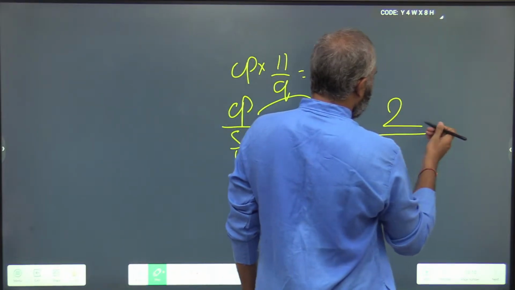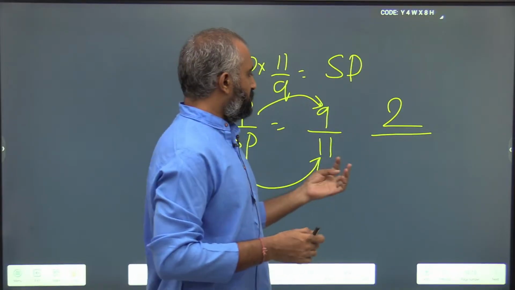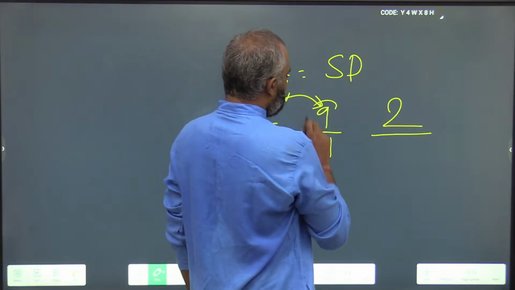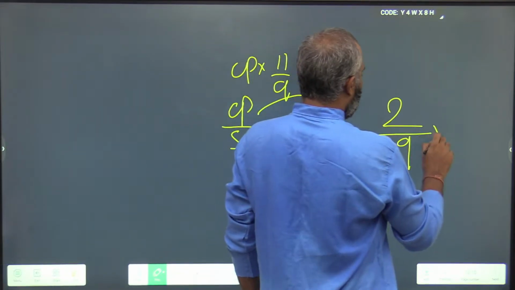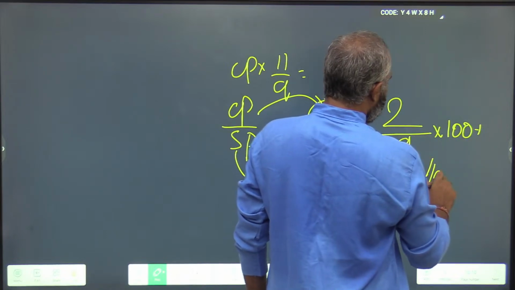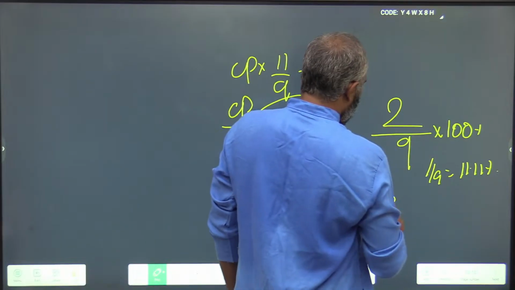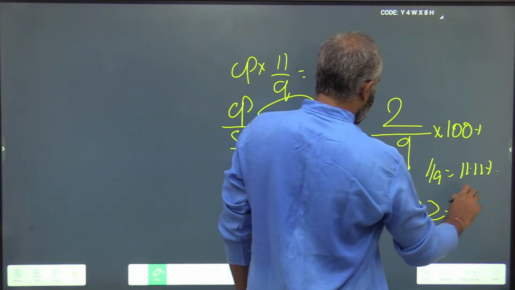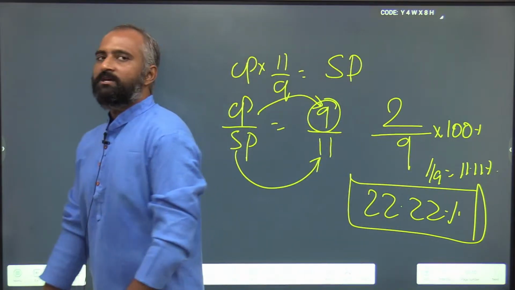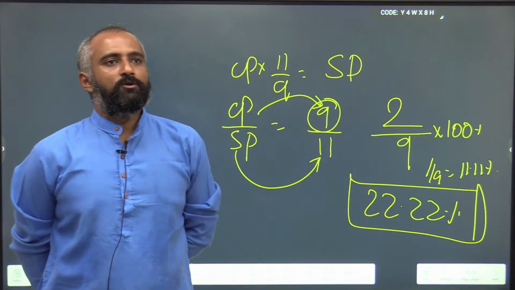You need to calculate the profit percentage here. It is 2 by how much? Cost price is 9. So 2 by 9 into 100%. We all know 1 by 9 is 11.11%. So 2 by 9 will be 22.22%. So his overall profit is 22.22%.